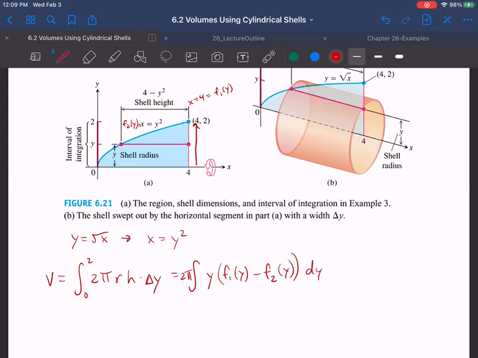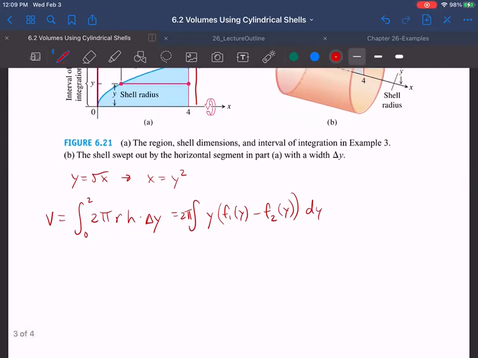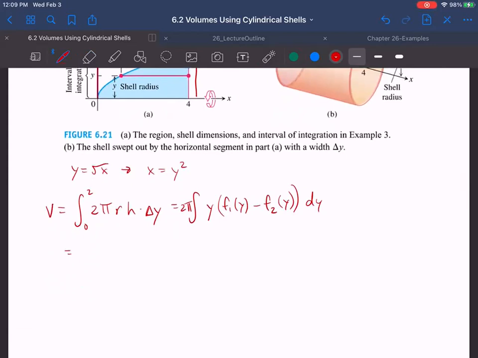So that's what we have to do, which will then become integral 0 to 2 pi, 0 to 2, y times 4 minus y squared dy, which will be 2 pi integral 0 to 2 of 4y minus y cubed dy.